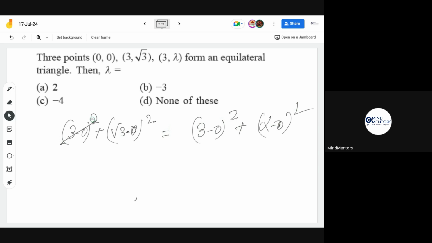So this gets cancelled. So this is 3 equal to lambda square, which gives you what? Lambda equal to? Root 3. But it has to be negative, so it's minus root 3. Why does it have to be negative?